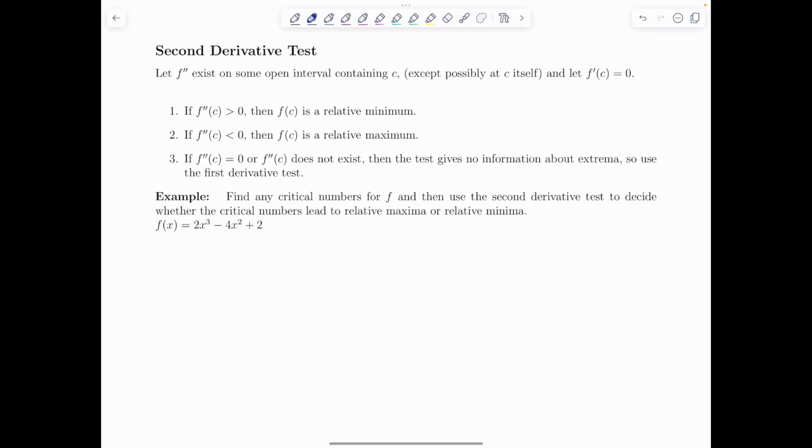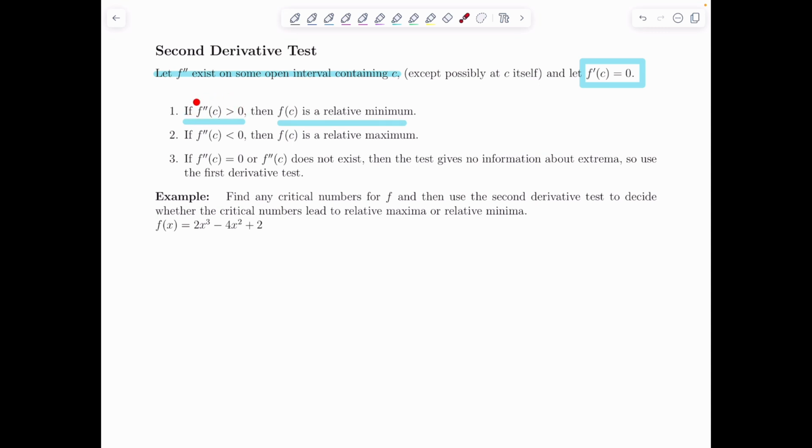So here's how it works. First, we have to make sure the second derivative exists on some open interval containing c, and let f prime of c equal 0. So that means c is a critical value for f. If f double prime, the second derivative, is positive, then f of c is a relative min. Let's think back to what we just learned.